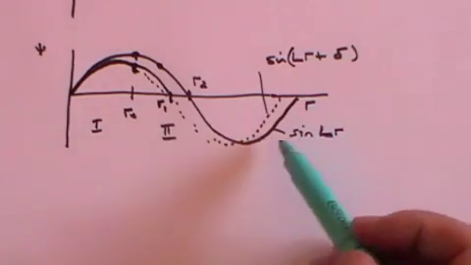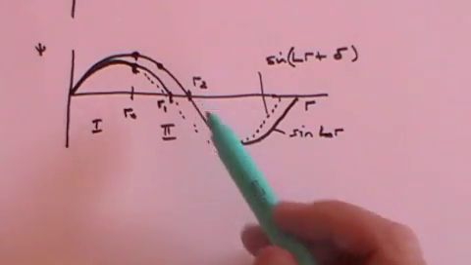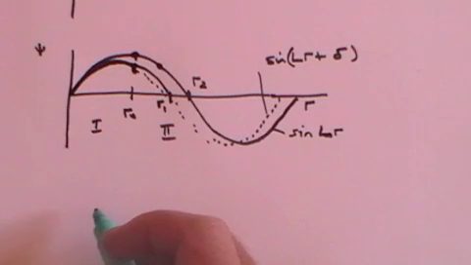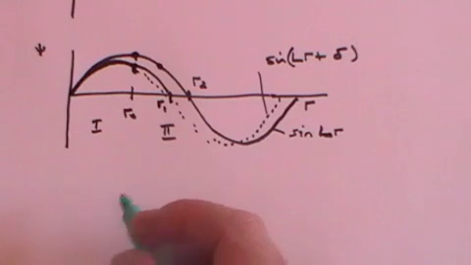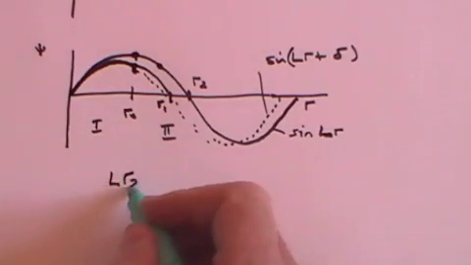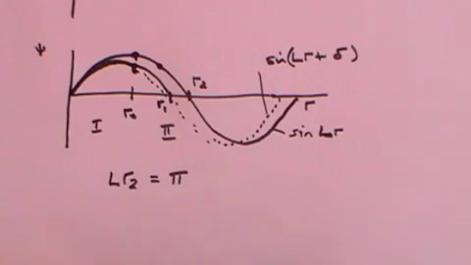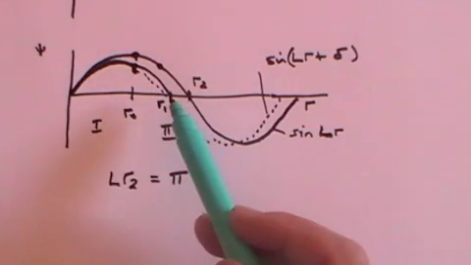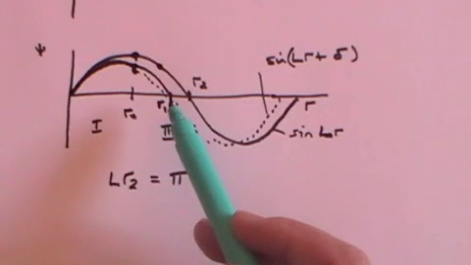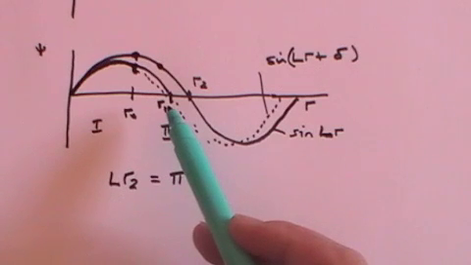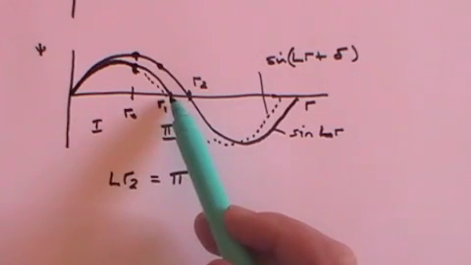So if we look first of all at the sine LR wave, that means that at R2, the sine of LR2 is 0, which means that LR2 is equal to pi. Okay? If we look at the sine LR plus delta wave, then when R is R1, the sine of LR1 plus delta is 0, because that's where it crosses the line when psi is 0.